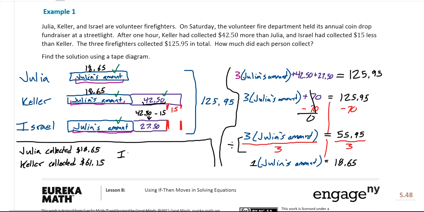And last we have Israel. Israel collected $15 less than Keller. So to find out Israel's amount, we're going to do $61.15 minus 15.